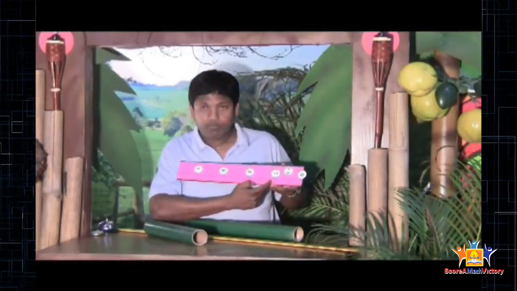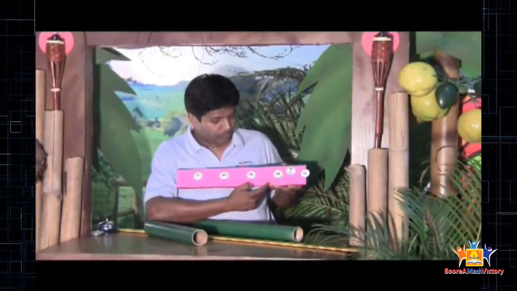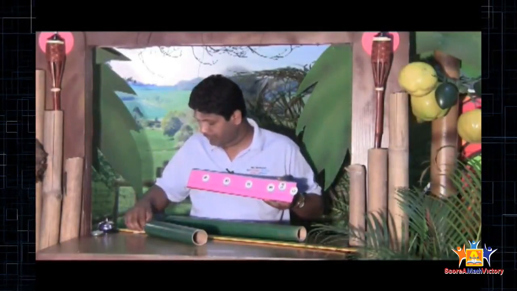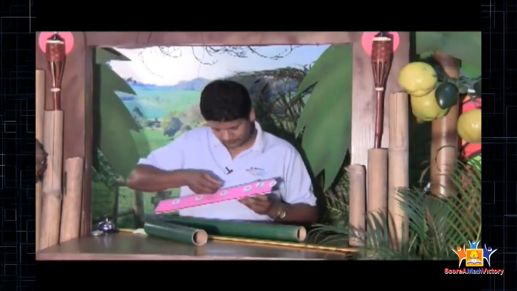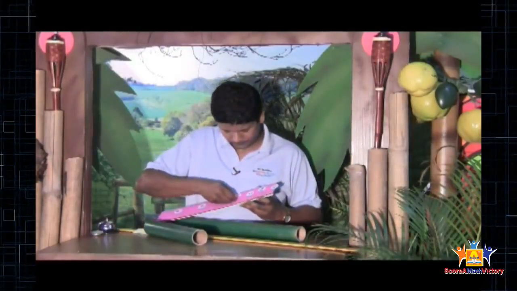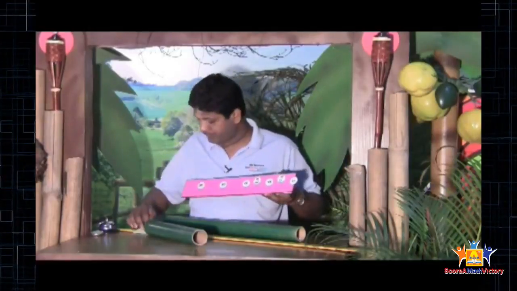And then it becomes 1.1, 1.2, 1.3, 1.4, 1.5. Let's put 1.5 right there. And the same thing over here will become 2.5.